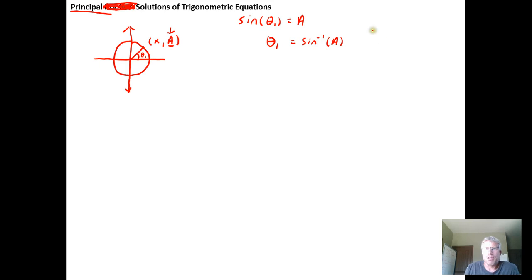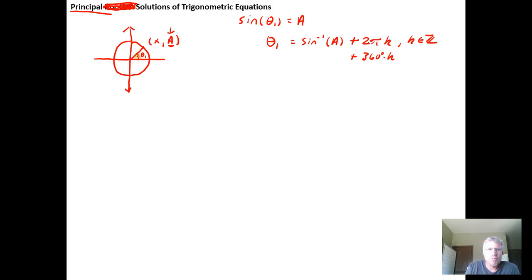And then what we're going to say is, plus, if I'm working in radians, I want all coterminal angles, and what we have already learned is that to get coterminal angles, we just go plus 2 pi k, or if we're working in degrees, plus 360 degrees times k, where k is just any integer, 0, plus or minus 1, plus or minus 2, plus or minus 3, and so on and so forth.